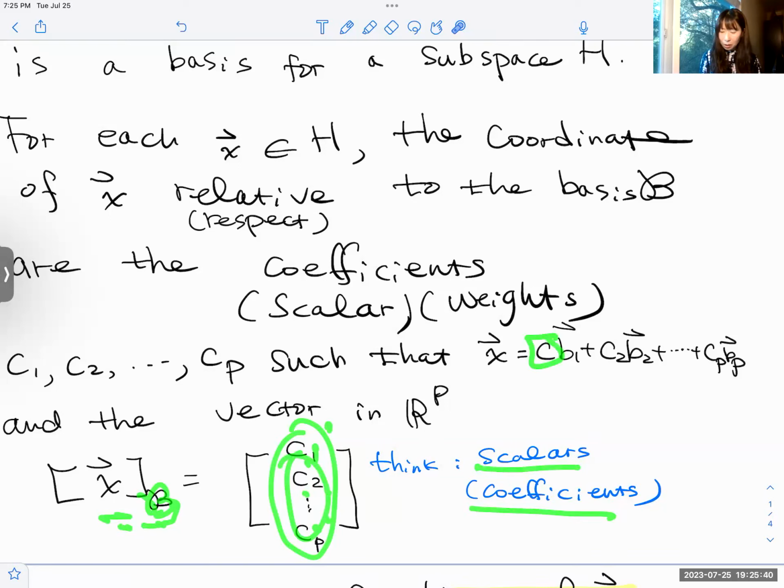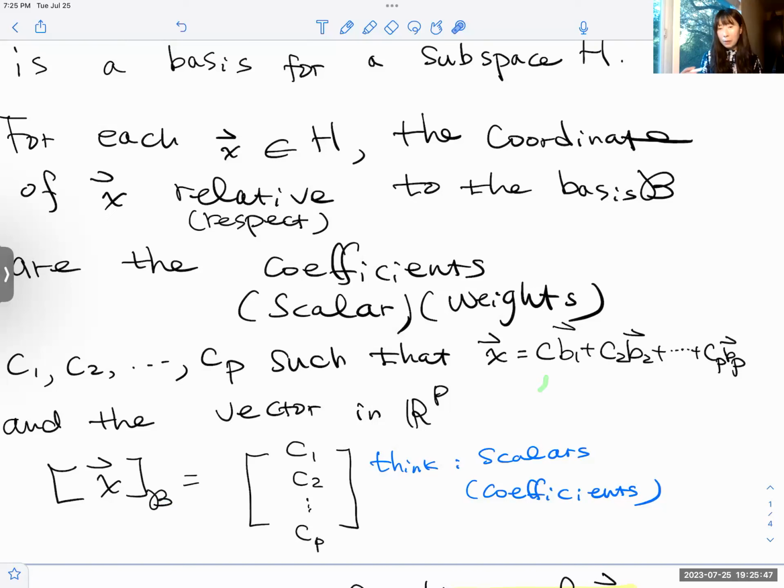Coefficient means only the number in front of that vector; in general, the number in front of a variable, and in this case it's in front of vectors. That is the B coordinate of a vector x. Then how do we find x? We just read it as a linear combination.